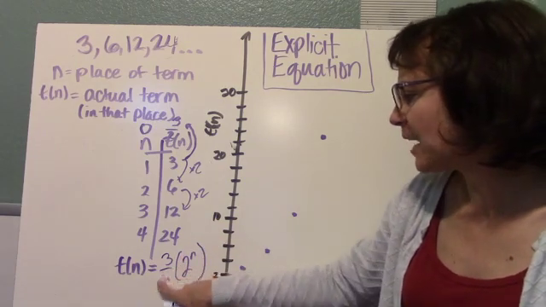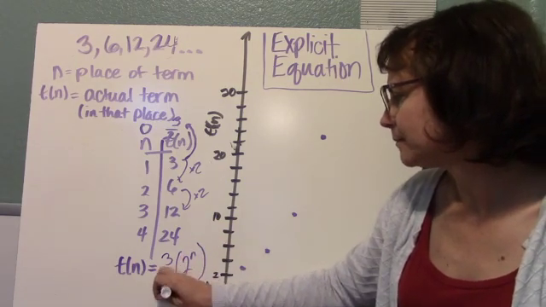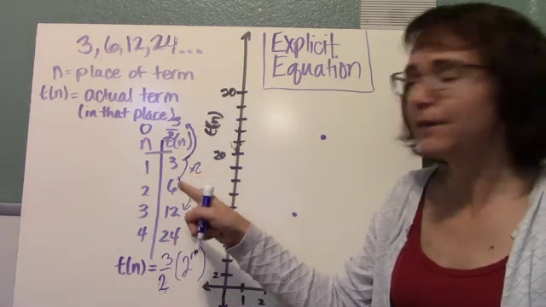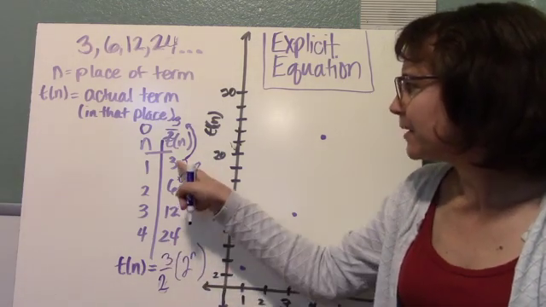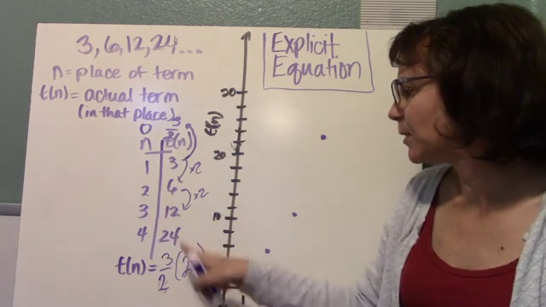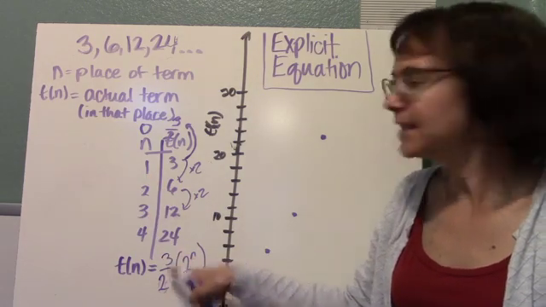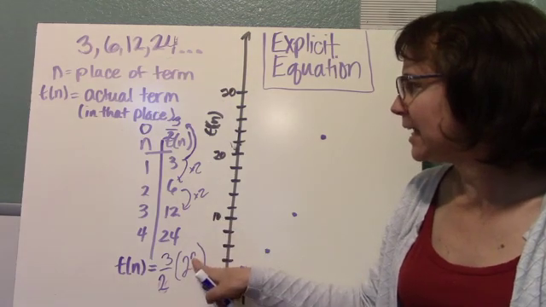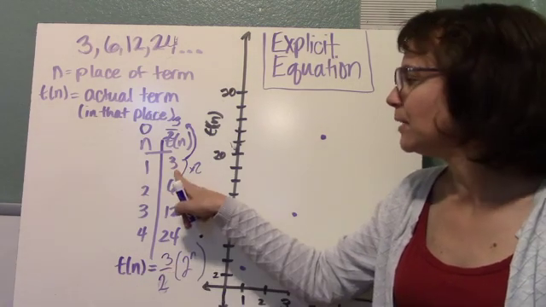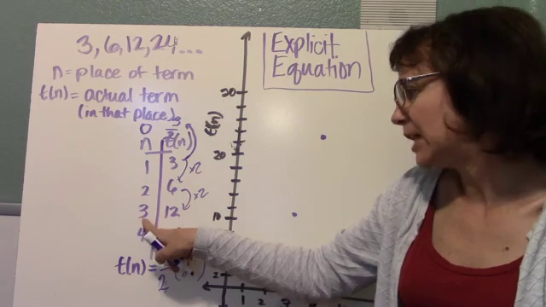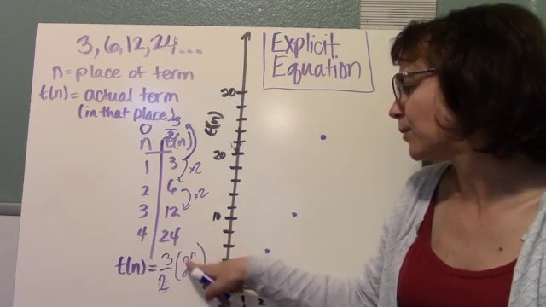Now I can see if that works with my table by just substituting some values in there. So for example, if I substitute n equals 1, 2 to the first is just 2. 2 times 3 halves is 3. So I can see that when n equals 1, t of 1 is equal to 3. I can do that here as well. So I can substitute in a 3 for n.